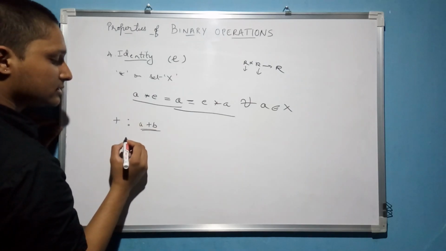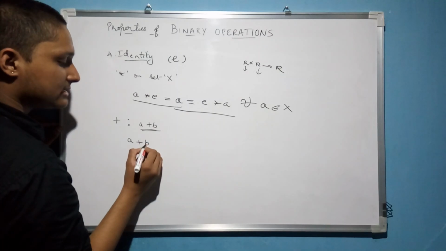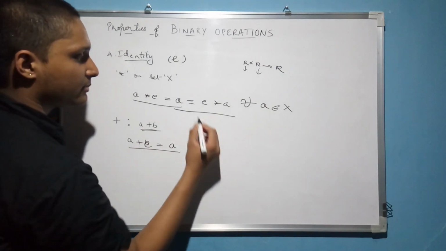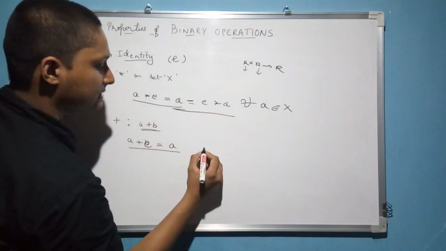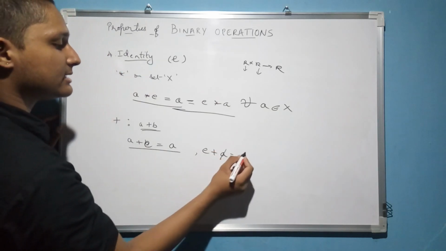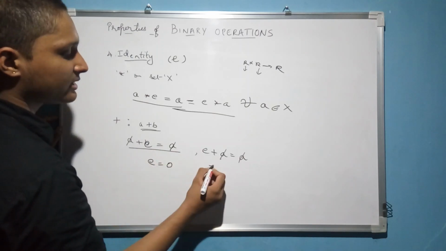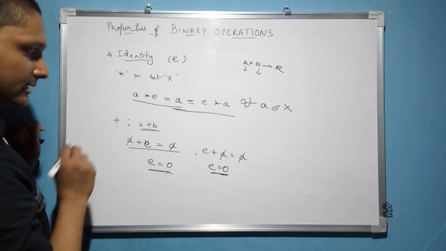So A plus E is equal to A. That is the first one. Second part is E plus A is equal to also A. Right? I can cancel here. I can find in both the cases that E is equal to 0. Hence I can conclude that 0 is the additive identity.